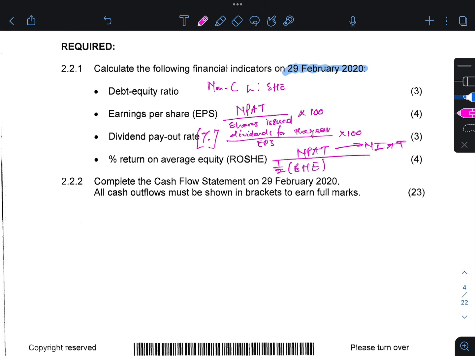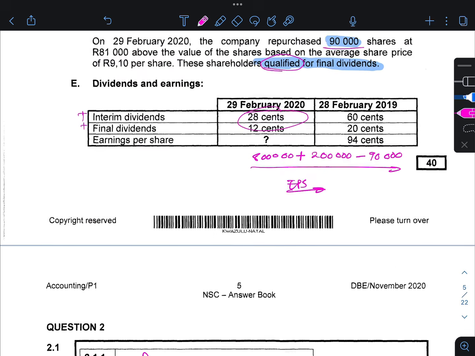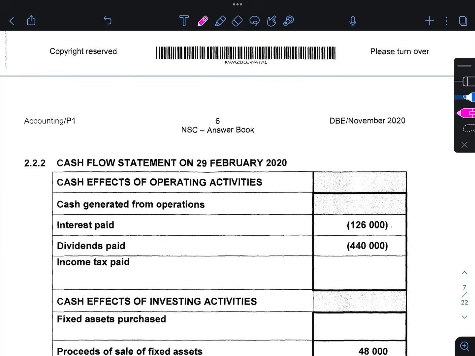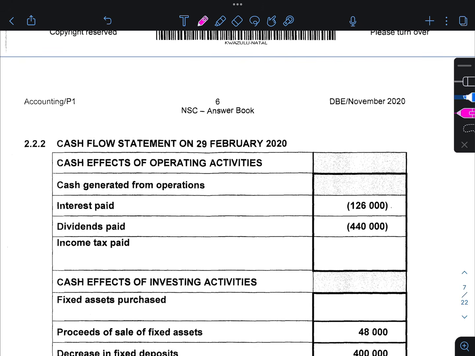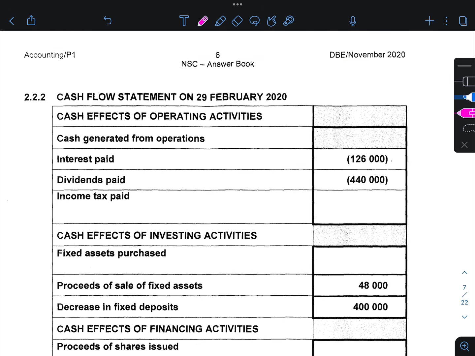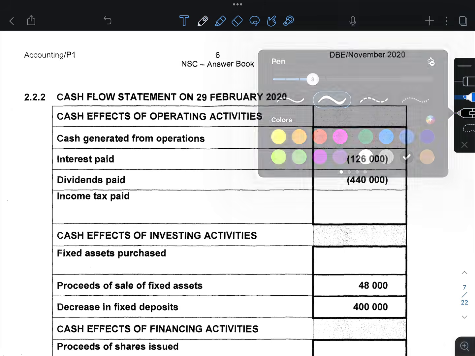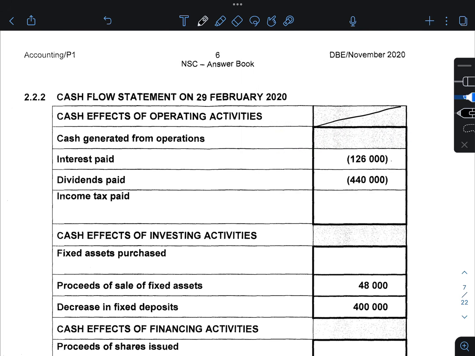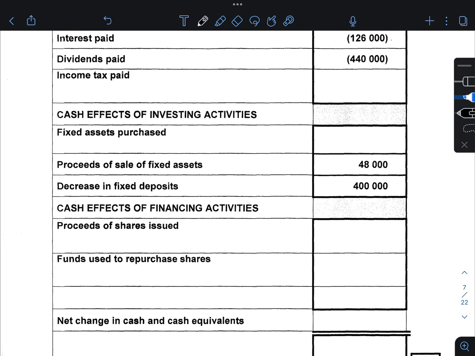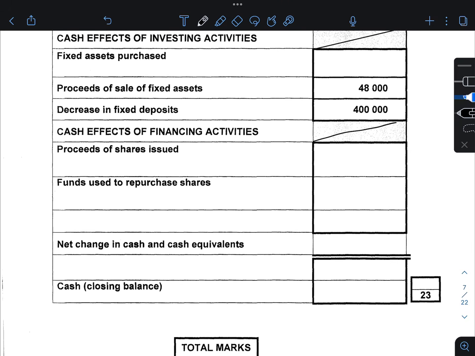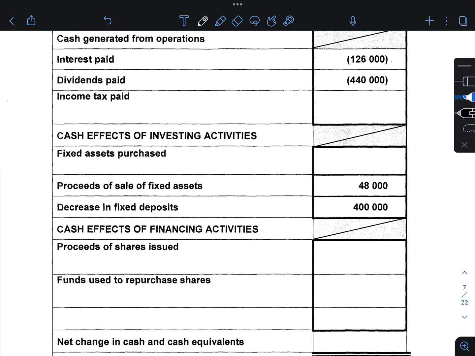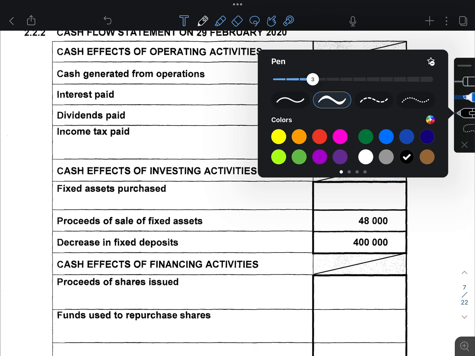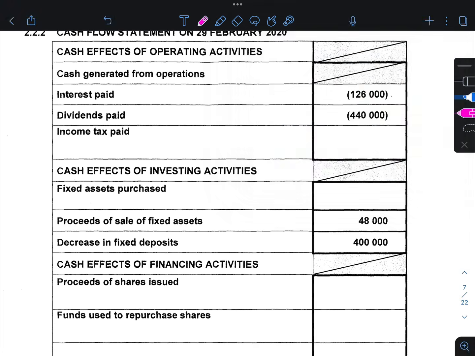Let me just show that we are not supposed to give any amounts on these blocks because they are shaded, but they're not really visible here. So these are the 4 blocks that we're not supposed to answer.